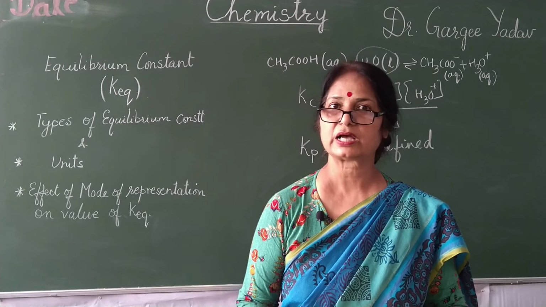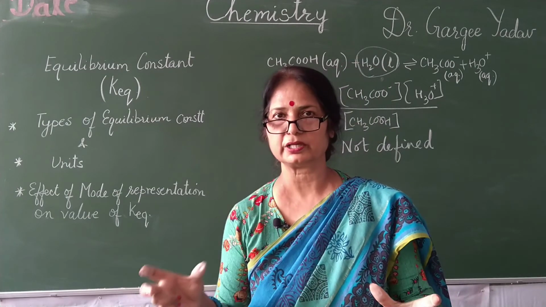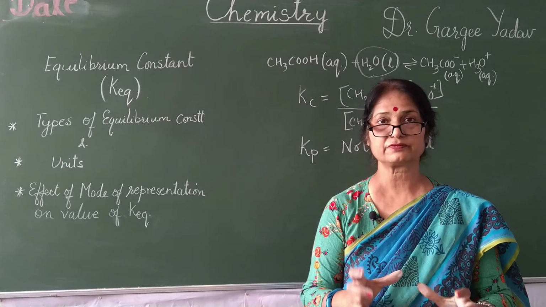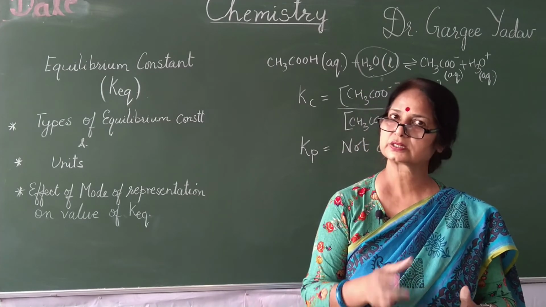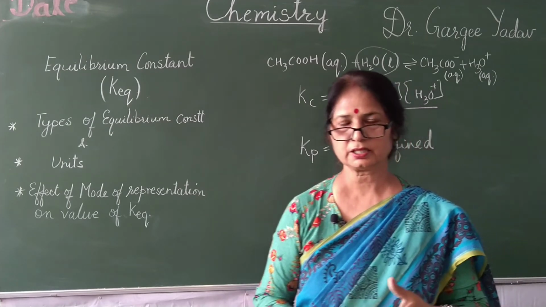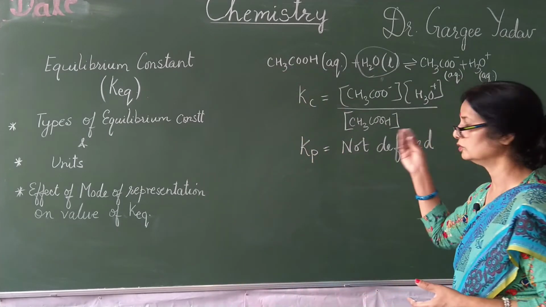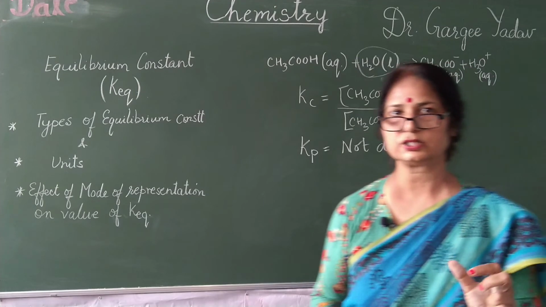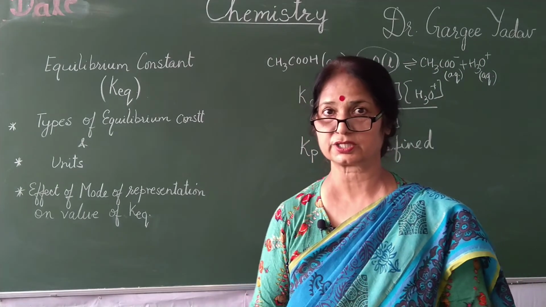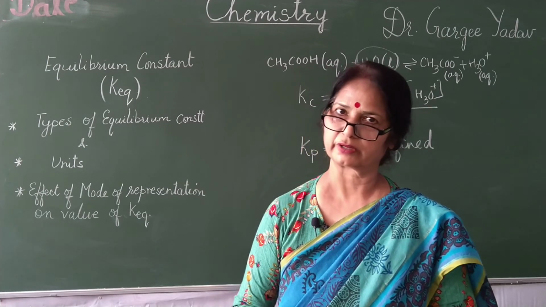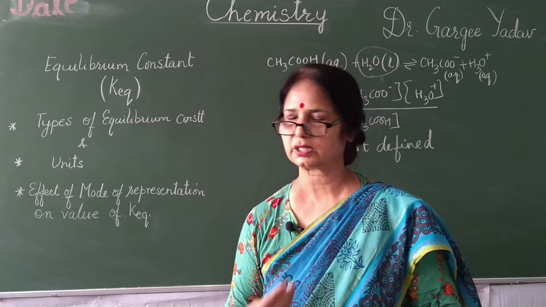Moreover, if it is a liquid and gaseous equilibrium, then the active concentration of the liquid is taken as unity. And the third thing is that whenever none of the reactants or products is in a gaseous state, then Kp is not definable.